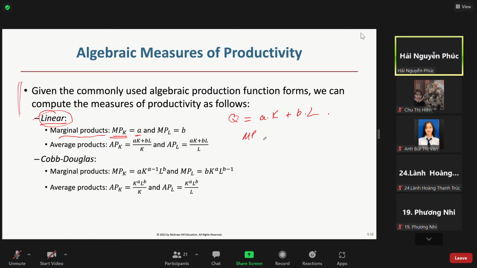We have MPK, the marginal product of capital, defined as the derivative of Q with respect to K, so it is going to be equal to A. And similarly, MPL is the derivative of Q with respect to L, and it is equal to B. Okay, so if the production function is the Cobb-Douglas function, then we have MPK equal to this one, and MPL equal to this one. All right.